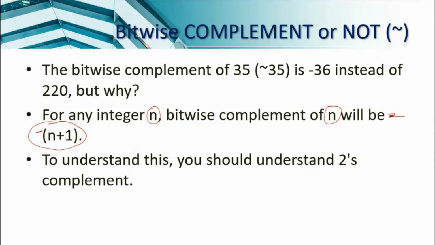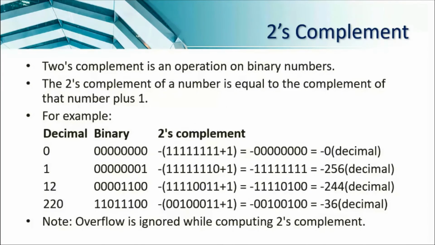So the bitwise complement of 35 means minus 36. To understand this, you should understand the 2's complement. This is based on the concept of 2's complement. The 2's complement is another operation in binary numbers.